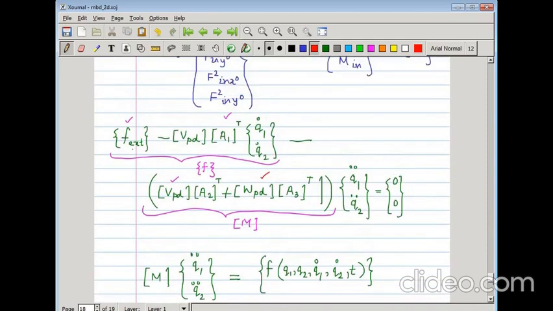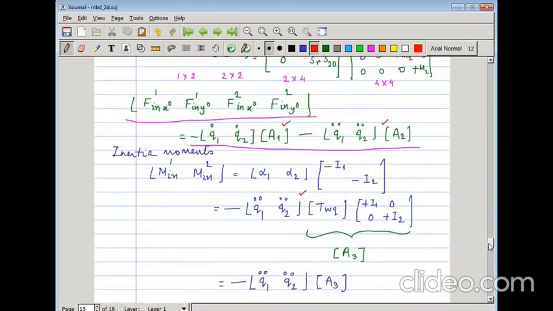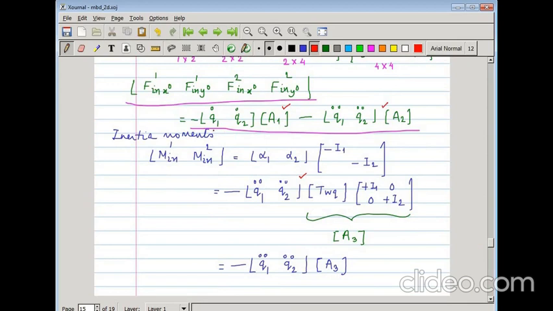So let us change our terms a little bit. Let us call this the first part of the inertia force, this is the second part of the inertia force, and this is the inertia moment.